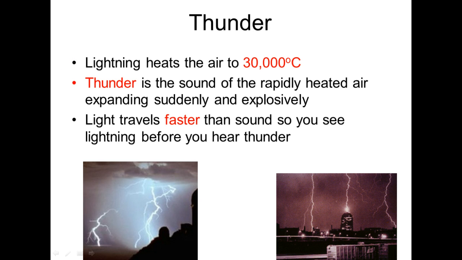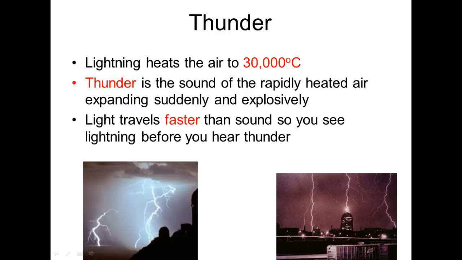Okay, so let's talk a little bit about thunder and lightning together. Remember that light travels at 186,000 miles per hour, while the sound that lightning produces only moves at 725 miles an hour. So you can see the difference here, right?